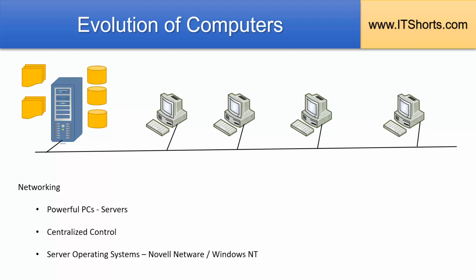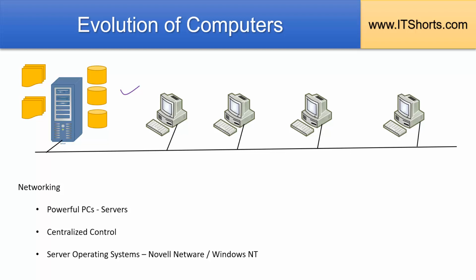So here the centralized computer contains the resources that were shared across the network. They would share folders or even entire disk drives. Since these shares are from a single powerful computer, it was easy to control from a central location.